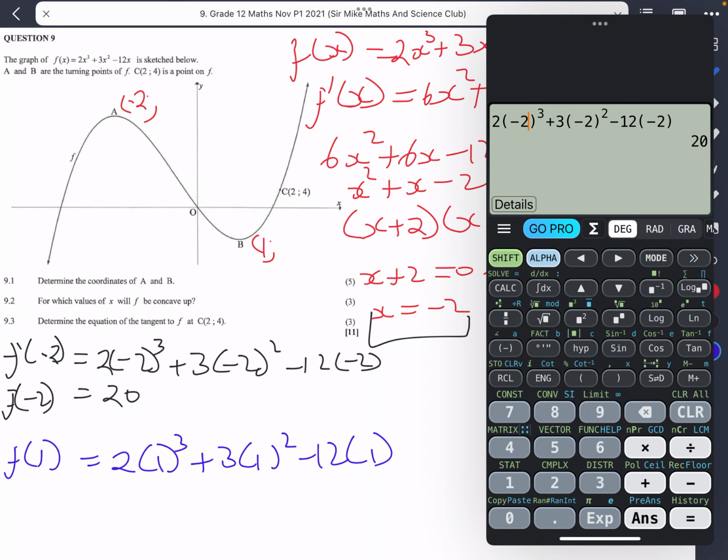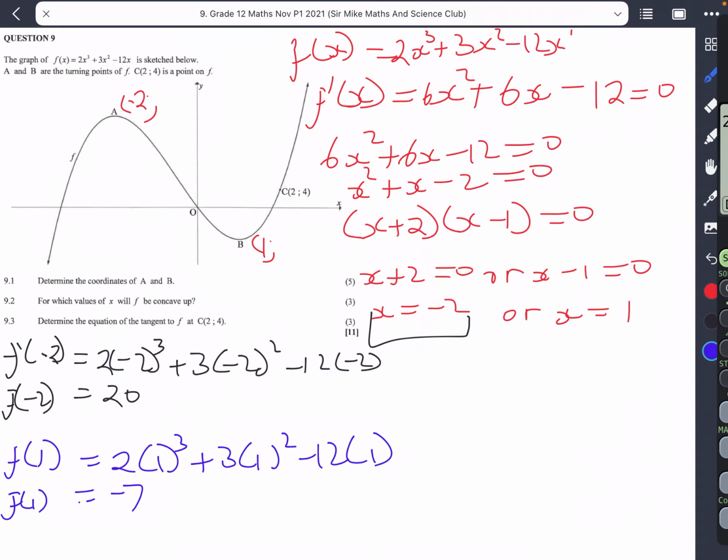So I'm just gonna replace that with 1, and we'd actually get the corresponding y value to be negative 7. So this would be negative 7 when x is 1 on that function.